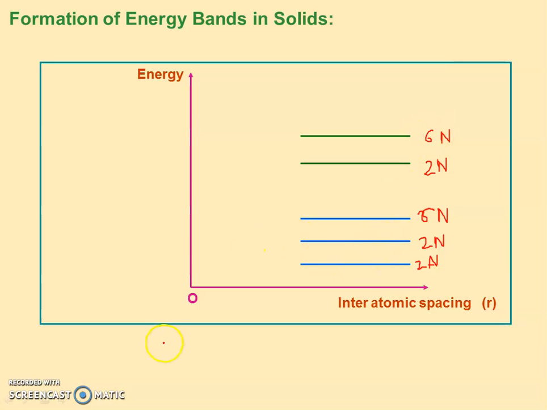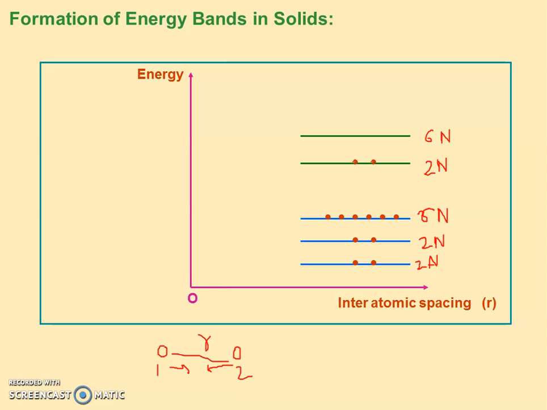Now if the atoms are far away from each other, at large distance, there is no interaction between atom number 1 and atom number 2. So these energy levels will be discrete. But when these atoms come close together, the distance decreases and the interaction of outermost electrons takes place. So the energy levels will get modified.